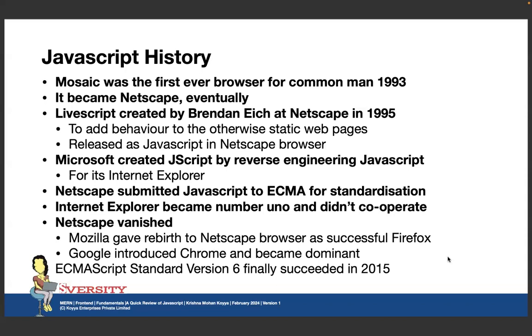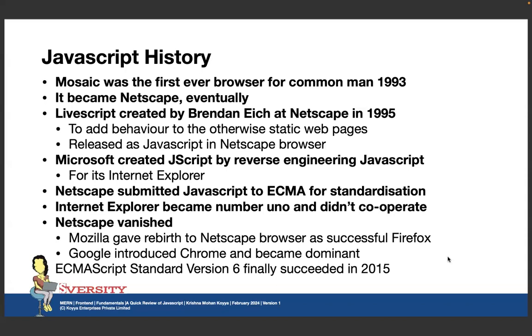They were all using JavaScript as the engine, and they were all together along with Microsoft. By this time, Microsoft also started cooperating, and they all joined hands and got it standardized. And finally, the 6th version of ECMAScript succeeded in this front in 2015.